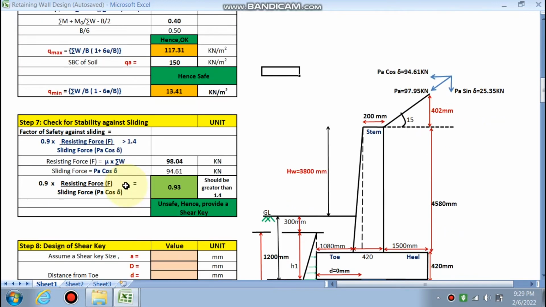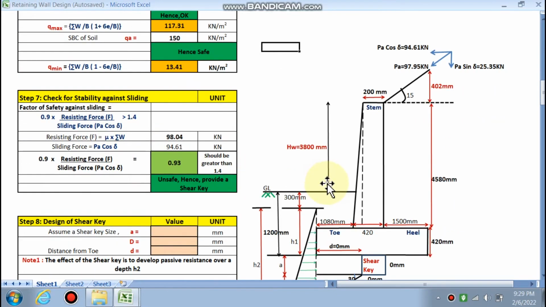Next step is the check for stability against sliding. It should not slide. If it slides, then it can fail in inward or outward direction, right? So this is the formula: resisting force upon sliding force, that is the horizontal component, Pa cos delta, should be greater than 1.4. In our case, the resisting force is mu into summation of all the loads.